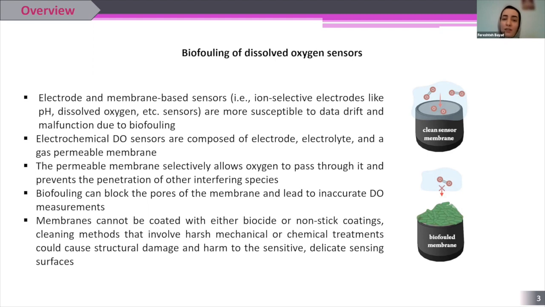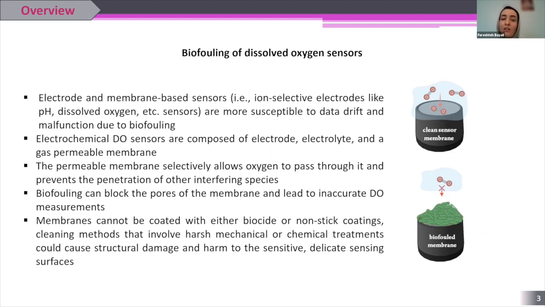Electrochemical DO sensors are composed of an electrode, electrolyte, and a gas permeable membrane. This membrane allows oxygen to pass through, and it prevents the penetration of other interfering species. When biofouling happens, the pores of the membrane can get blocked, and this will lead to inaccurate DO measurements.